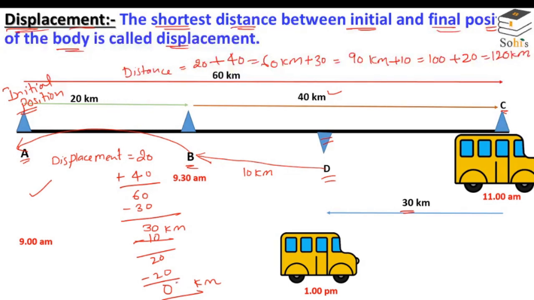So you can understand what actually distance and displacement are. In distance we count the total path covered, but in displacement we count the distance between initial and final positions. If the body moves back to O from A, then the displacement becomes negative.